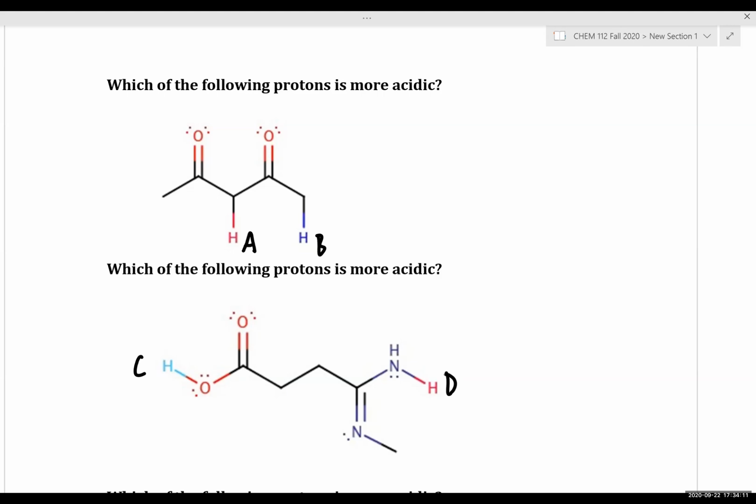And notice how the structures don't necessarily have to be in your pKa table for you to apply the rules that we've discussed for looking at structures and assigning relative pKa. And we'll discuss this example in about 3 to 4 minutes.